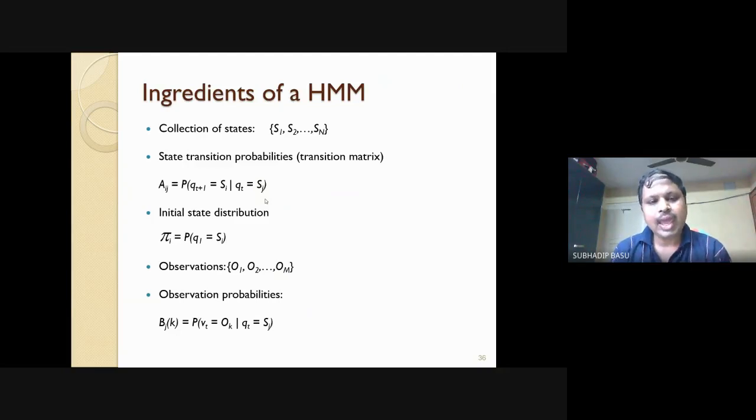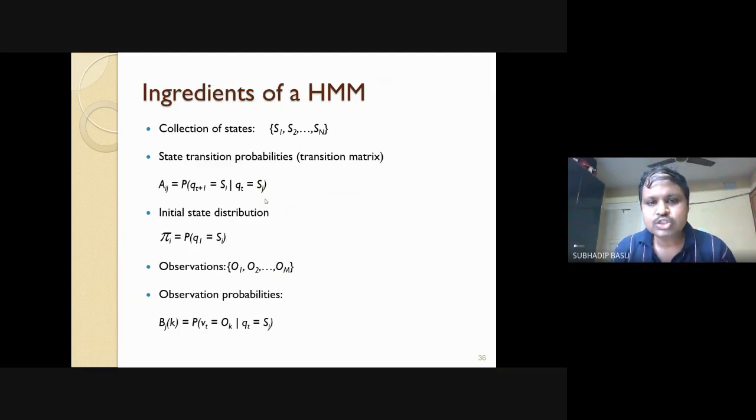Okay. And given a specific state, for example, being in a sunny state, what is the probability of going to a cloudy state or rainy state? That will be different from being in a snowy state going to a rainy state.